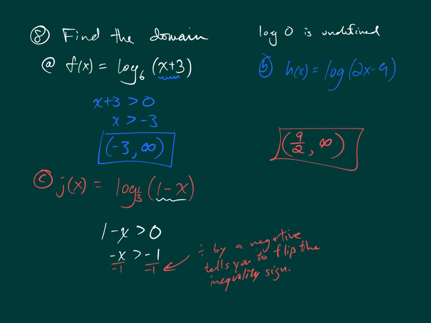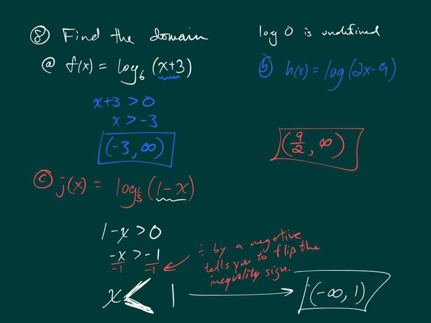So this becomes x is less than 1. And if you're trying to change that into interval notation, it'll be this. Numbers less than 1 are to the left of 1, so -infinity to 1 will be the domain here.